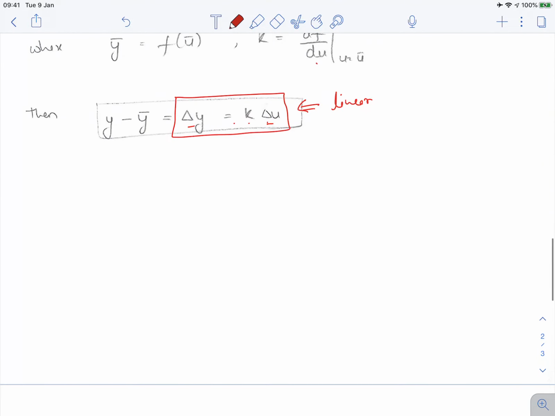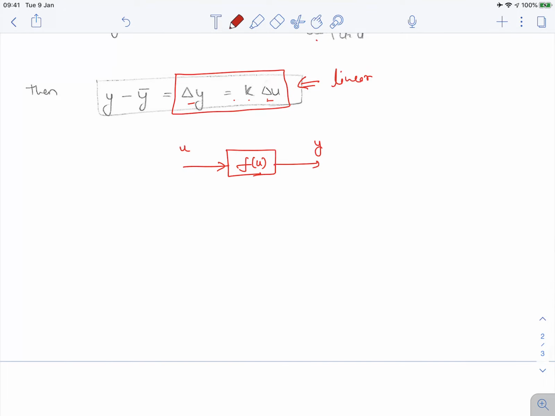Okay, so let's quickly recap what we have done. We have some function f of u. So this is our signal y and this is our signal u. Now this is a nonlinear system, this is a nonlinear map, a nonlinear function.